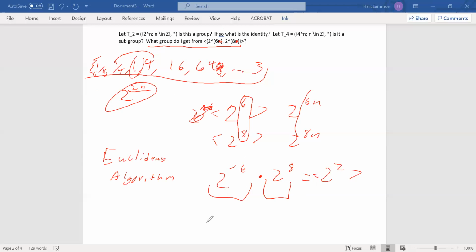If you have something that looks like a times m plus b times n, that's always going to equal c times the GCD of m and n. So whatever you get is going to be a multiple of your GCD, and you can get your GCD.